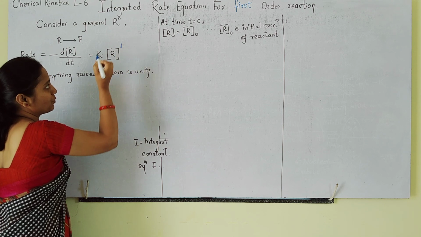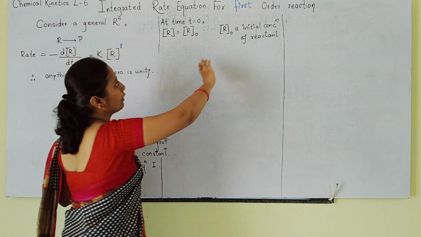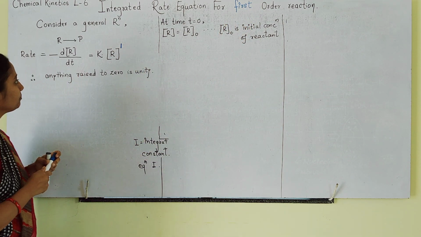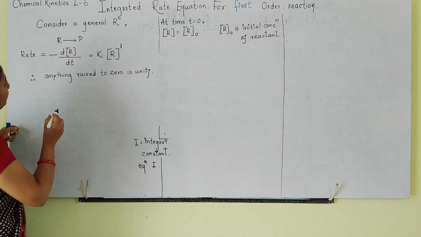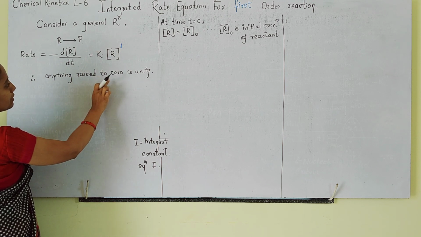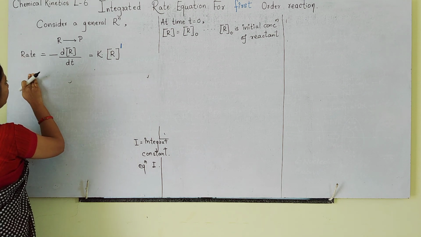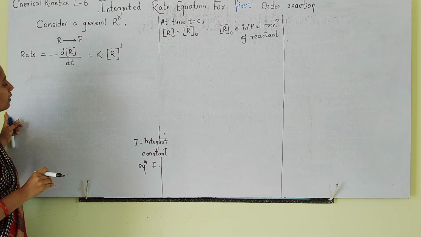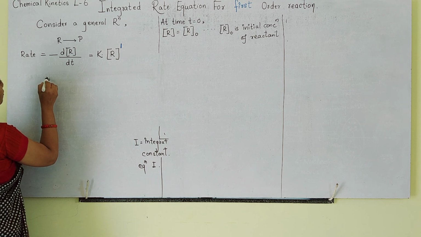This change, understand students, because now we are writing the integrated rate equation for first order reaction. Yes, let us continue. Anything raised to 0 is unity, that I don't need. Steps go on writing, students.